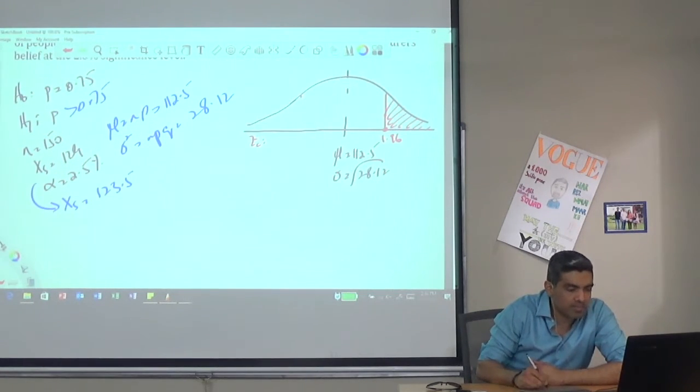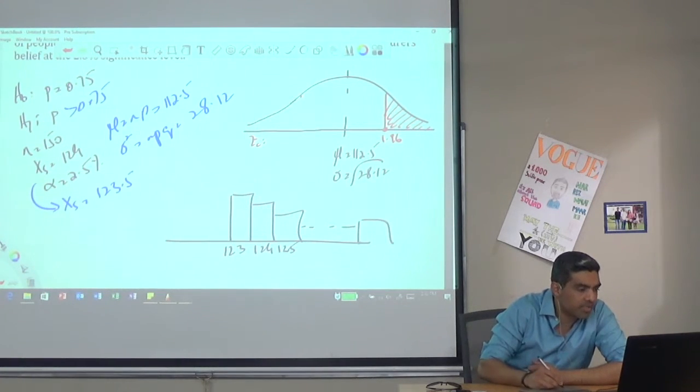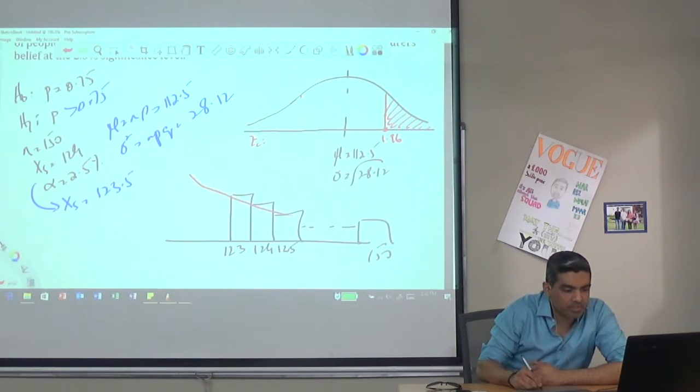Think of it this way. You have the bars over here: 123, 124, 125, all the way till the last one, which is 150. You are using a normal distribution on it, and you want to start from here.